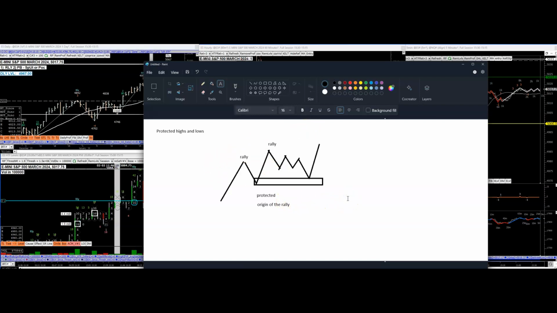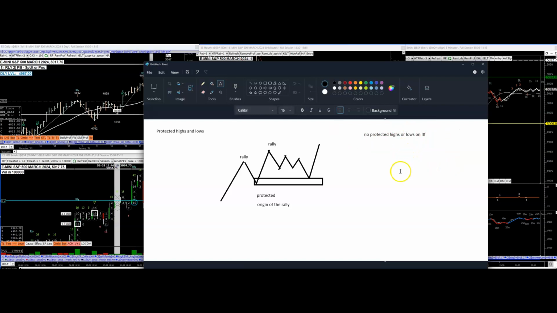Okay, let me take a step back. First of all, there are no protected highs or lows on lower time frames. All right, no such thing.